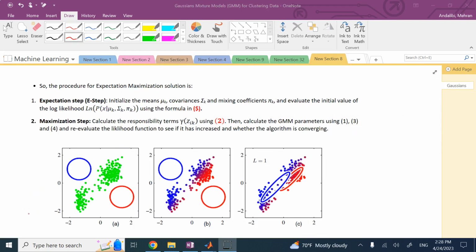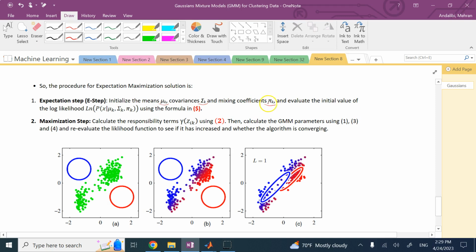So if we want to summarize the whole process for expectation maximization, or maximizing that likelihood in the dollar equation, how do we do it? We do it in 2 steps. Step 1, we call it E step, or expectation step, where we initialize the means, the covariances, and the proportions or mixing coefficients: mu's, sigmas, and pi's.